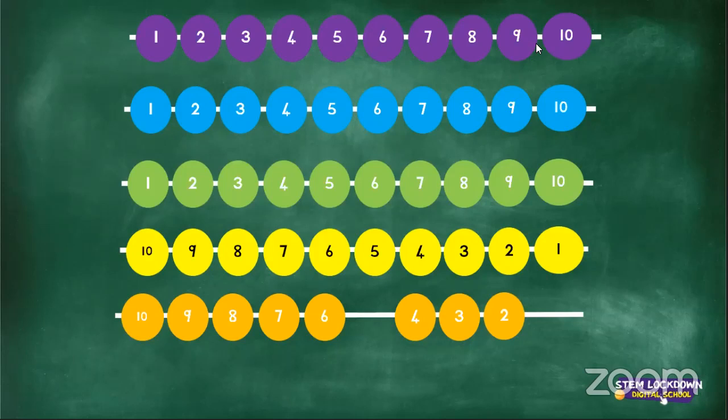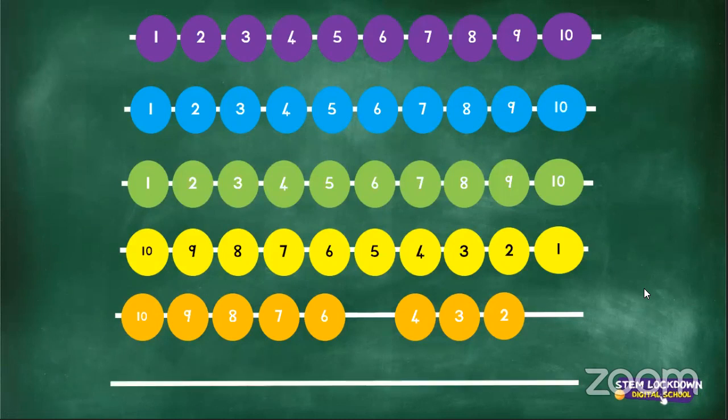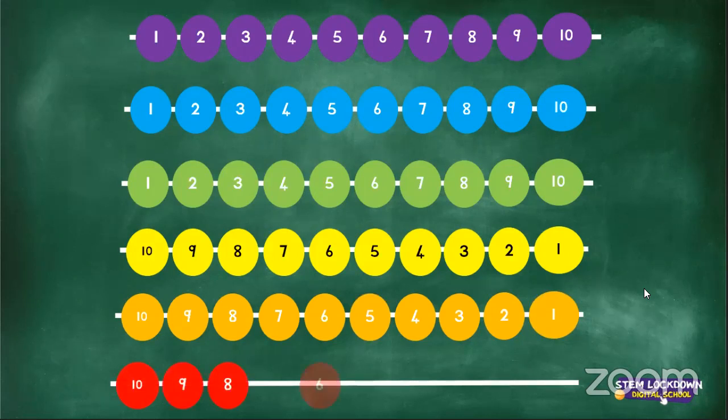Aaliyah, which numbers are missing? 5 and 1. Very good. 5 and 1. Good. Now let's have a look at the last bead line. That's counting backwards. And have a look and see which numbers are missing.